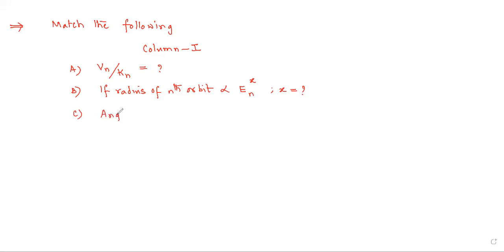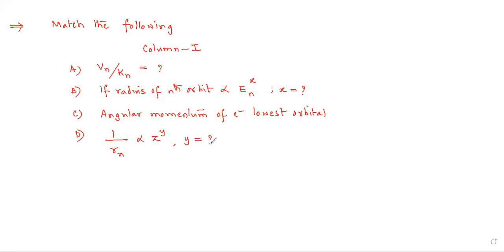Coming to angular momentum of electron in the lowest orbital, not the orbit, then 1 by Rn, radius of nth orbit, is directly proportional to z to the power y.